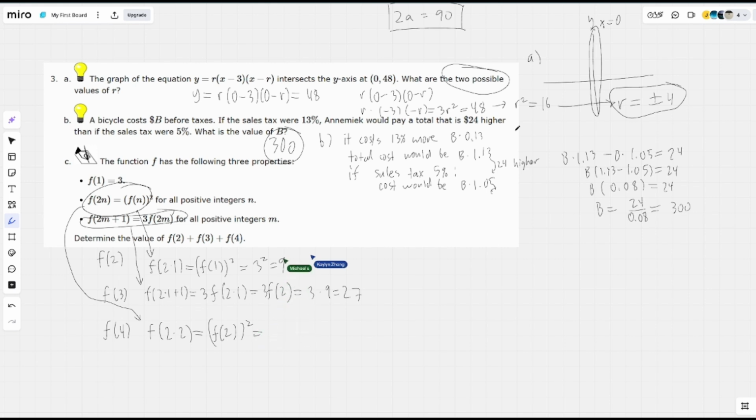And f of 2 we have found here, that is 9. So that's 9 squared, which is 81. So f of 2 plus f of 3 plus f of 4 is 9 plus 27 plus 81. And then we can evaluate that. That's just 117. So that is problem 3 done.